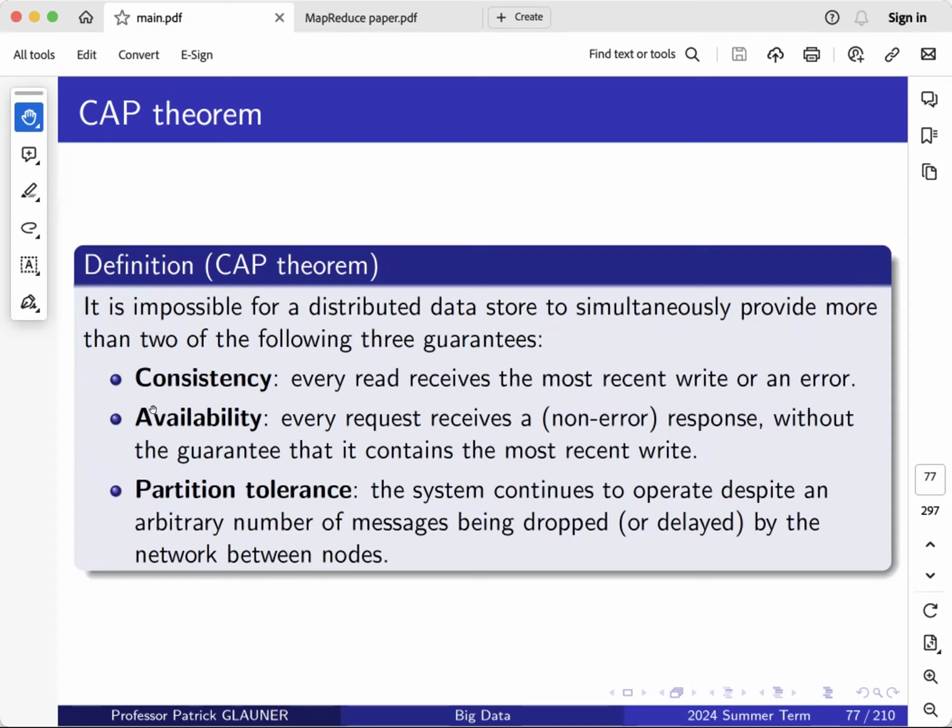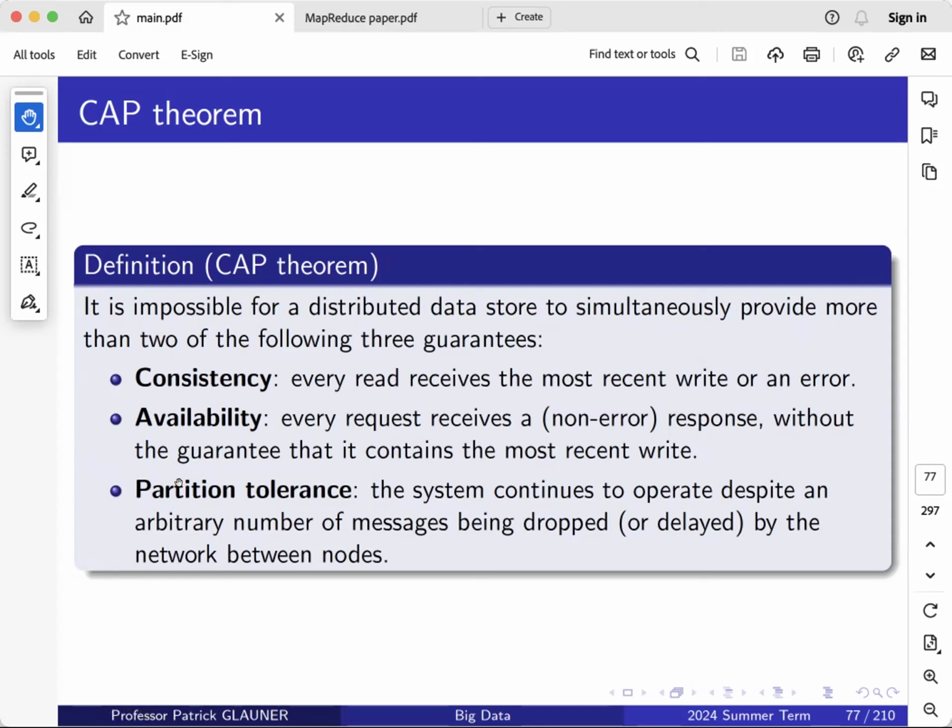But because it's a distributed system, some of the messages among the nodes may get lost, and we also want to address that. If our system continues to operate despite some of these messages between the nodes getting lost, we talk about partition tolerance.